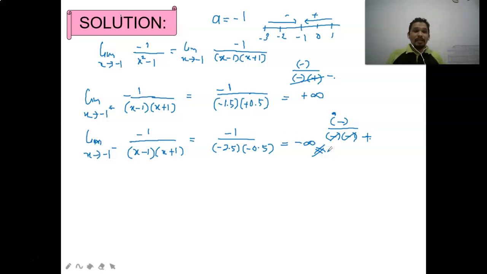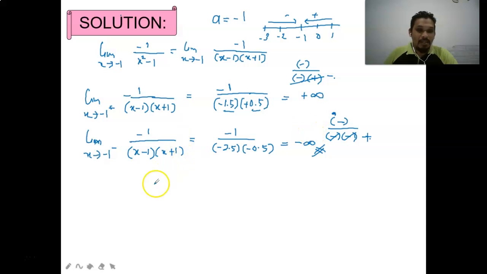Okay, so we are not actually substituting the values to get 1.5 or 0.5 here. We just look at the behavior, or the sign of the real numbers, whether positive or negative. So we just imagine it. Then we get positive infinity and also negative infinity.